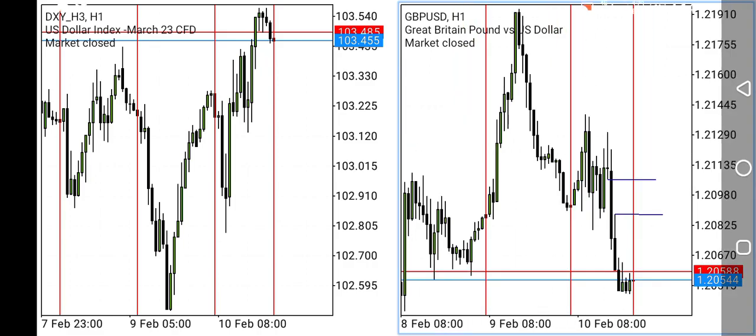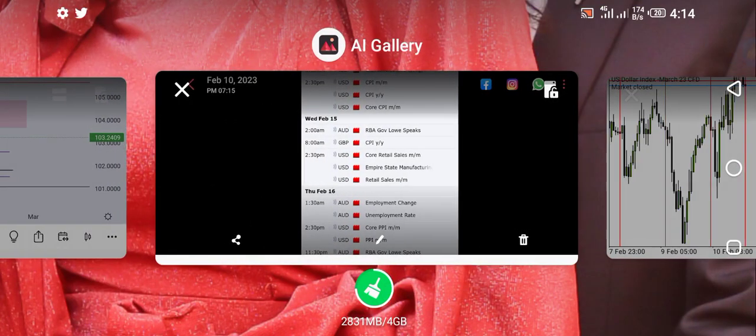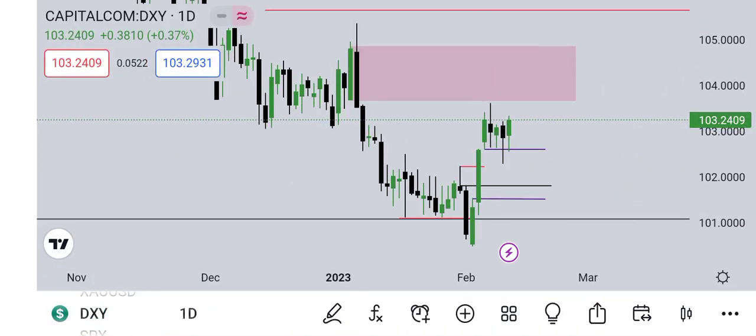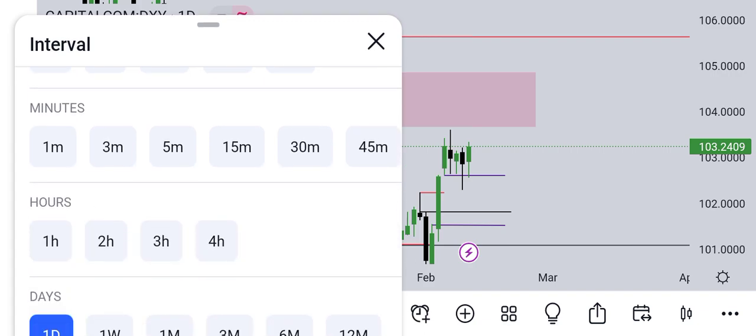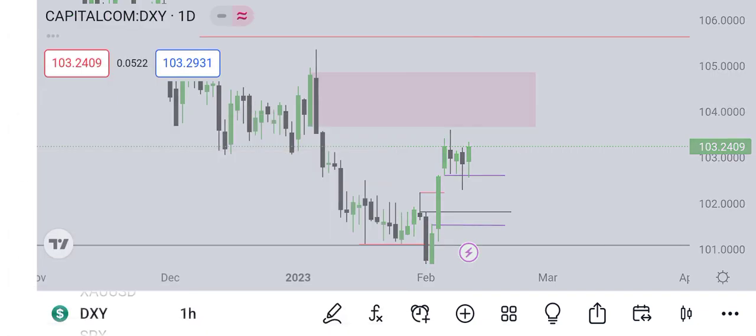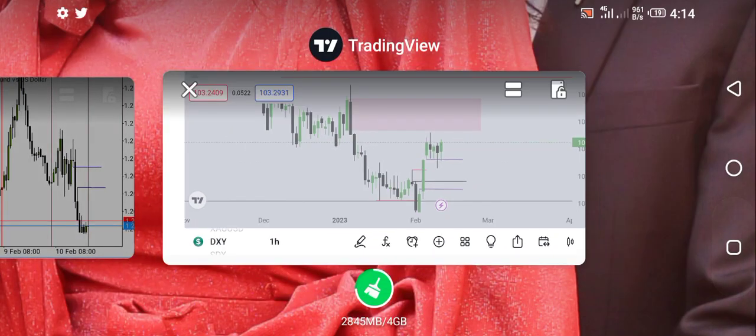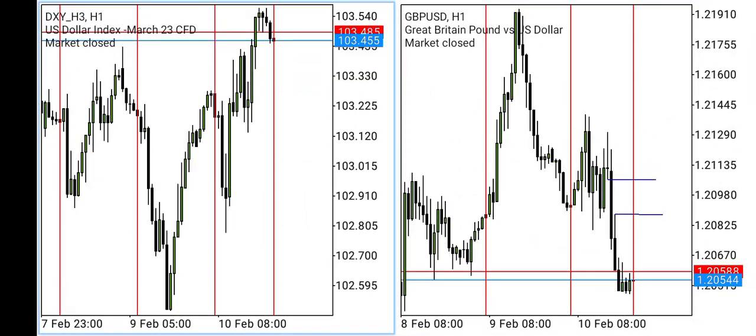So all I need to do is to go to the dollar index. If I drop to the 1 hour, for example, on the dollar index, it's hanging maybe because of the network. This is the dollar index here.